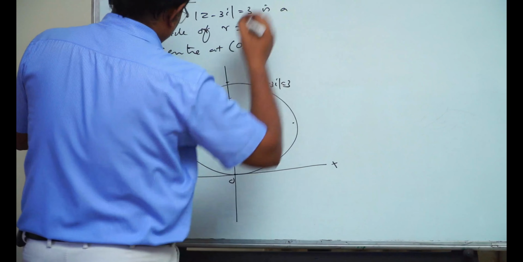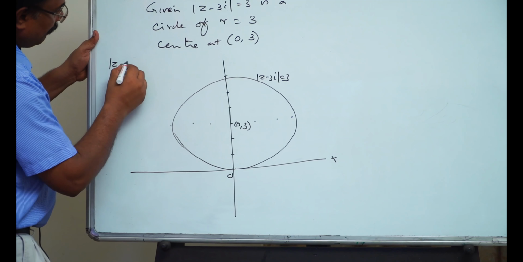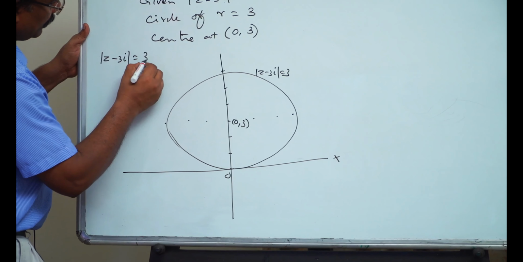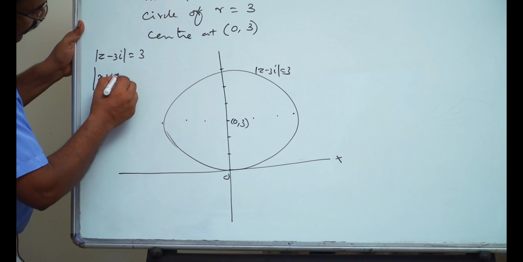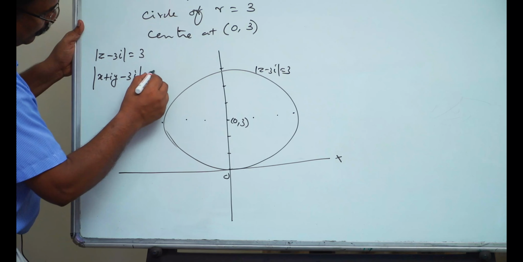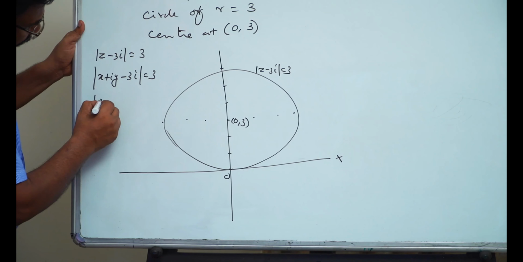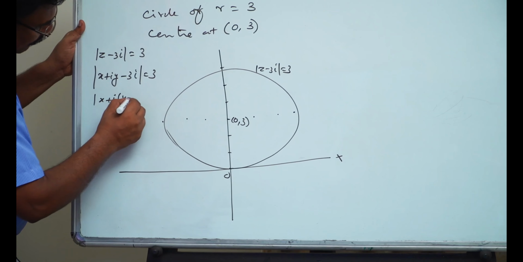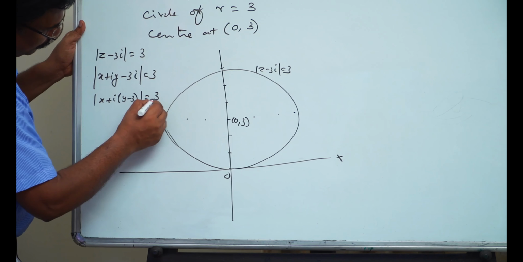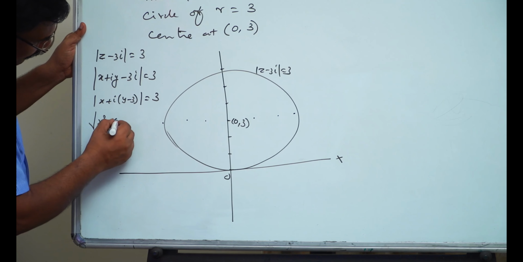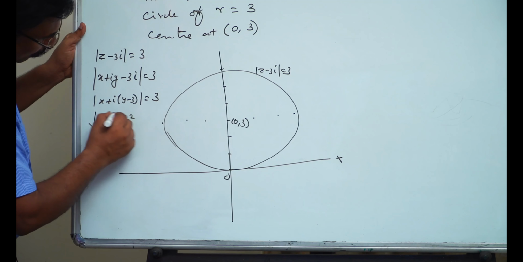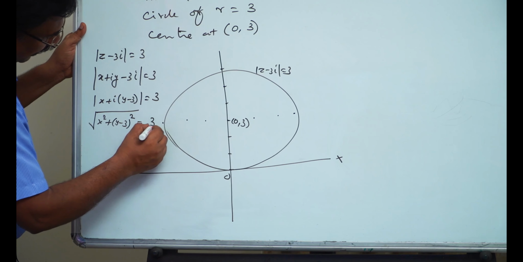And also modulus of z minus 3i is equal to 3. You know z is equal to x plus iy, so modulus of x plus i of y minus 3 equal to 3. Modulus means root of x square plus y minus 3 whole square equal to 3.